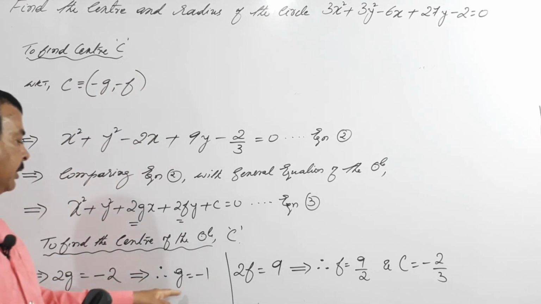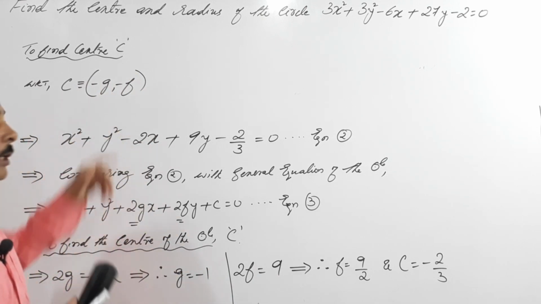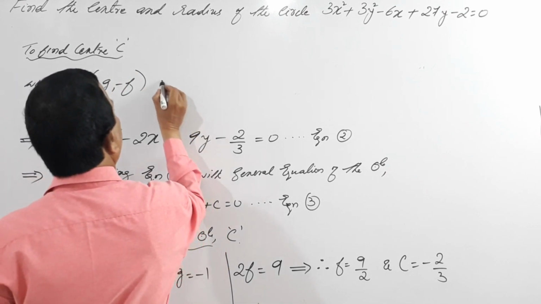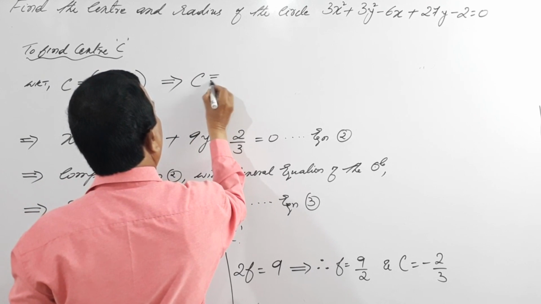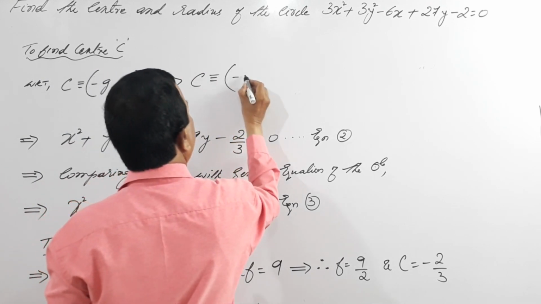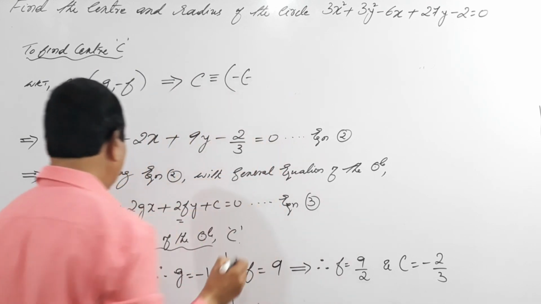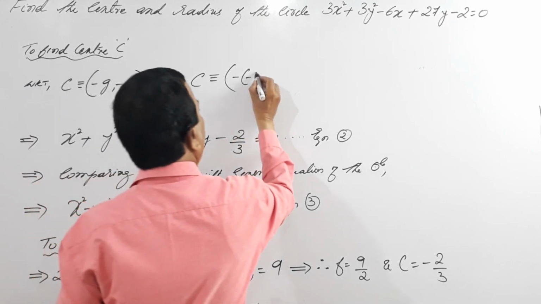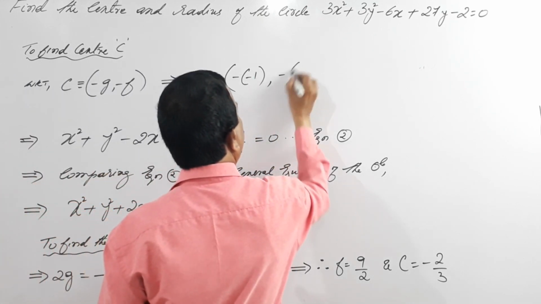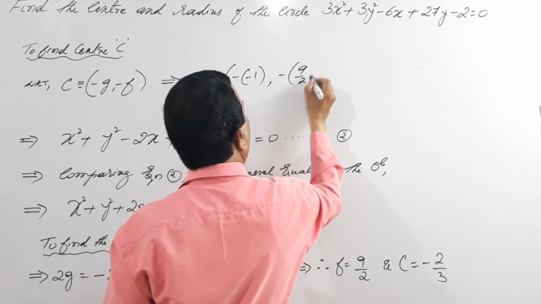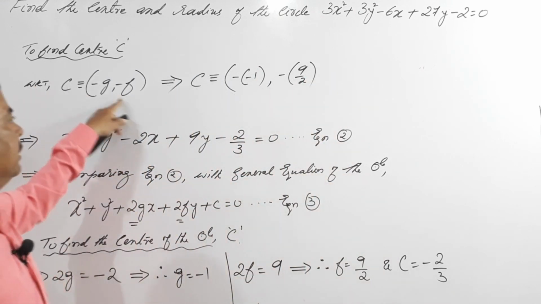So if g is minus 1, what will c be? c will be minus g, how much? Minus 1, comma, minus f.